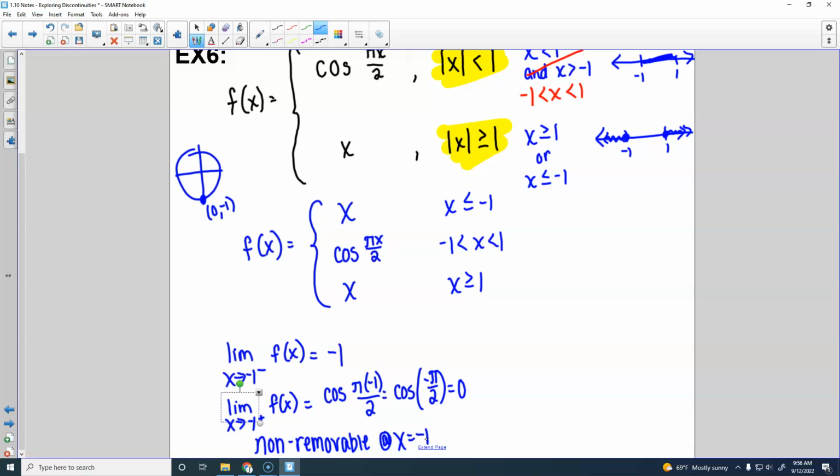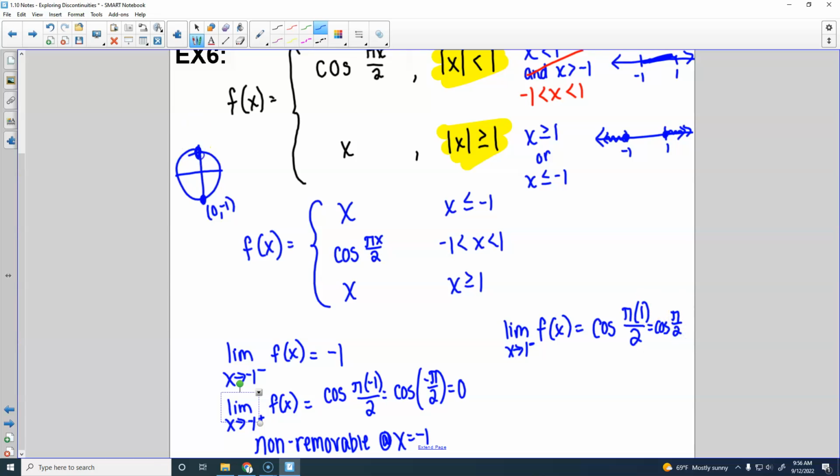Now we also need to check the same thing at +1, right? Because +1 is another place where our functions come together. So the limit as x approaches +1 of f of x. From the left you're looking at cosine, so it's cosine of pi times 1 over 2, which is cosine of pi over 2.